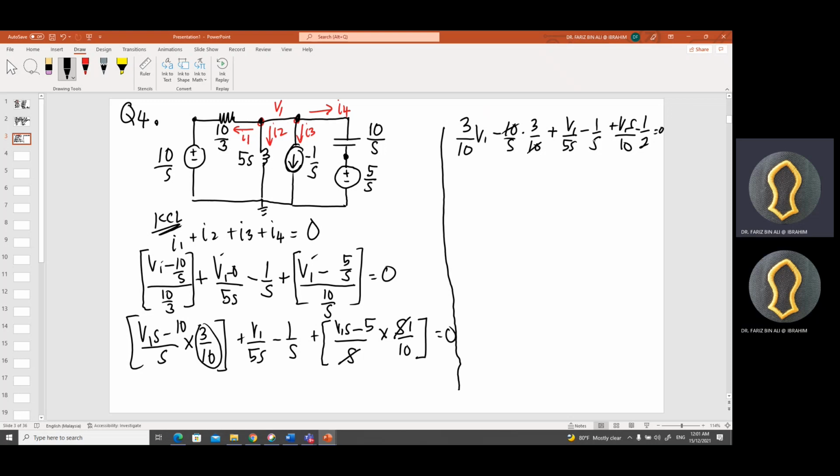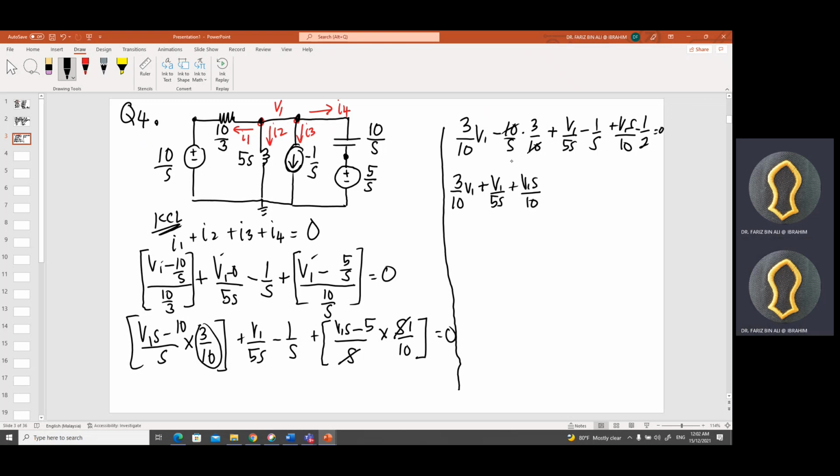All right. So we try to gather V1 at one side. Where is V1? I have 3 over 10 V1 plus V1 over 5S plus, where else? Plus V1S over 10.